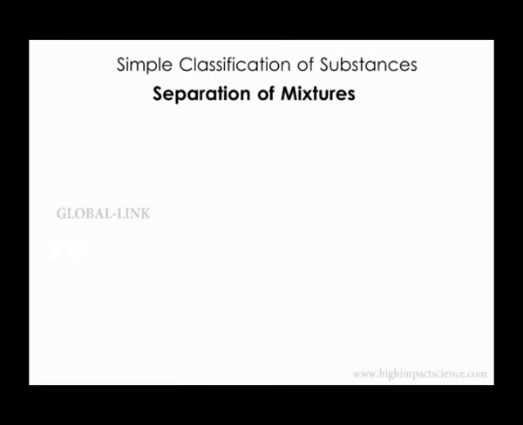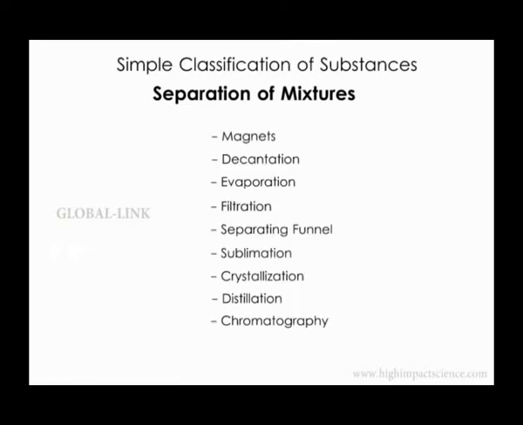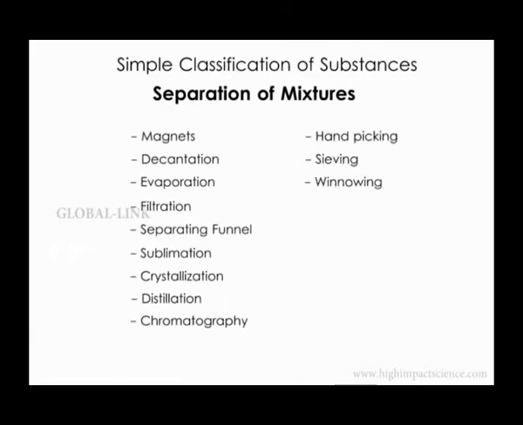These methods include use of magnets, decantation, evaporation, filtration, separating funnel, sublimation, crystallization, distillation, and chromatography, among many others. Traditional methods of separation include hand picking, sieving, and winnowing.